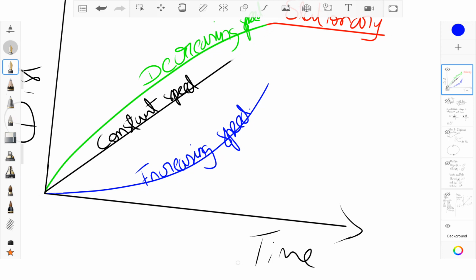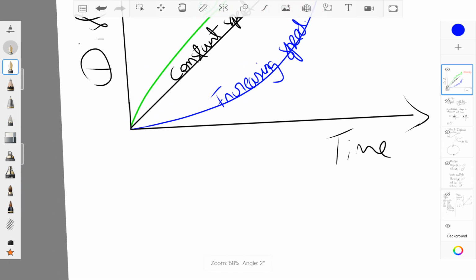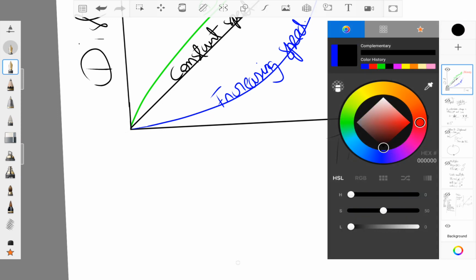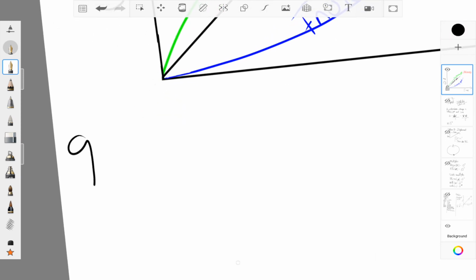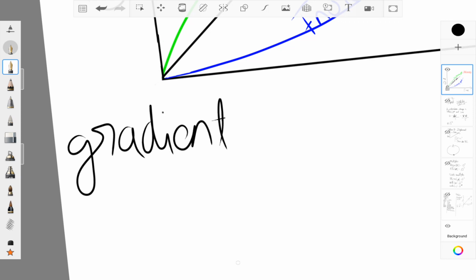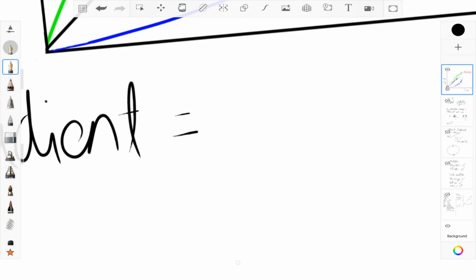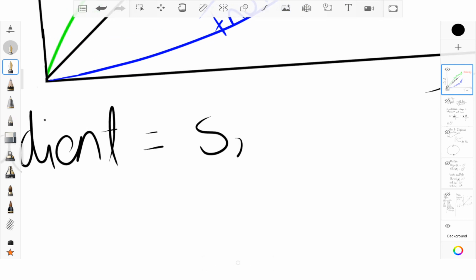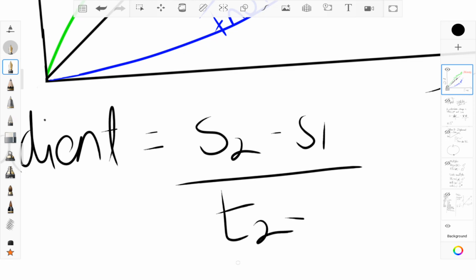By calculating the gradient of a curve for a distance time graph, you can find the speed, because if you know from your checkpoint knowledge, a gradient would be something along the lines of, let's say, S2 minus S1 over T2 minus T1.